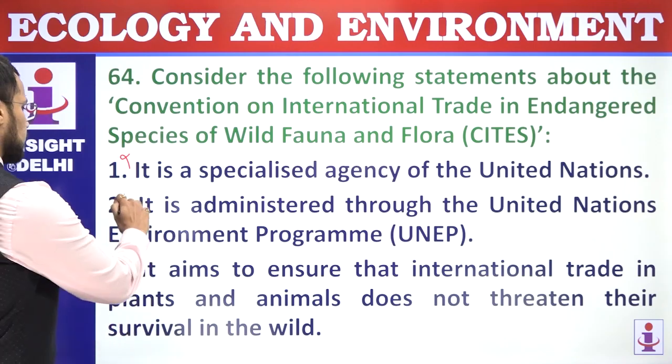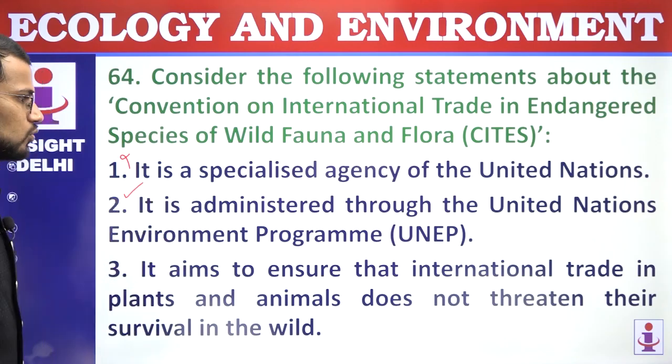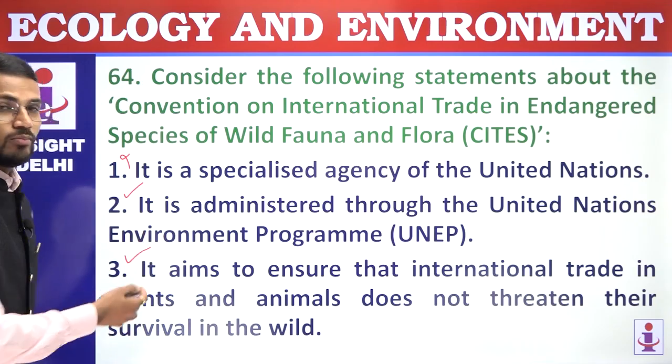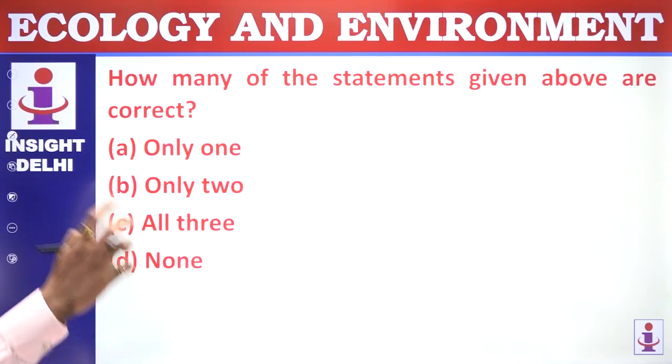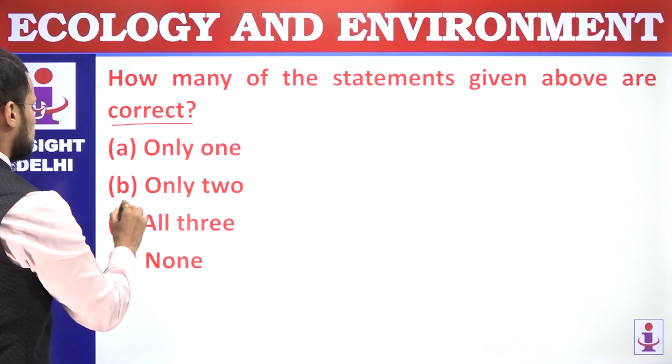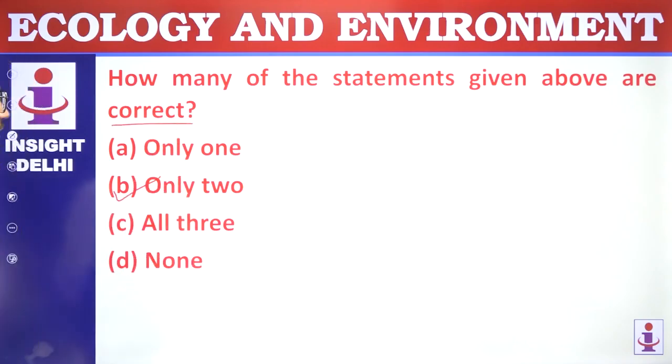So this is correct, right? CITES is administered through UNEP. Third, it aims to ensure that international trade in plants and animals does not threaten their survival in the wild. That is the aim of the CITES initiative. So the second and third statements are correct. So only two statements are correct, and that's why the answer is B.